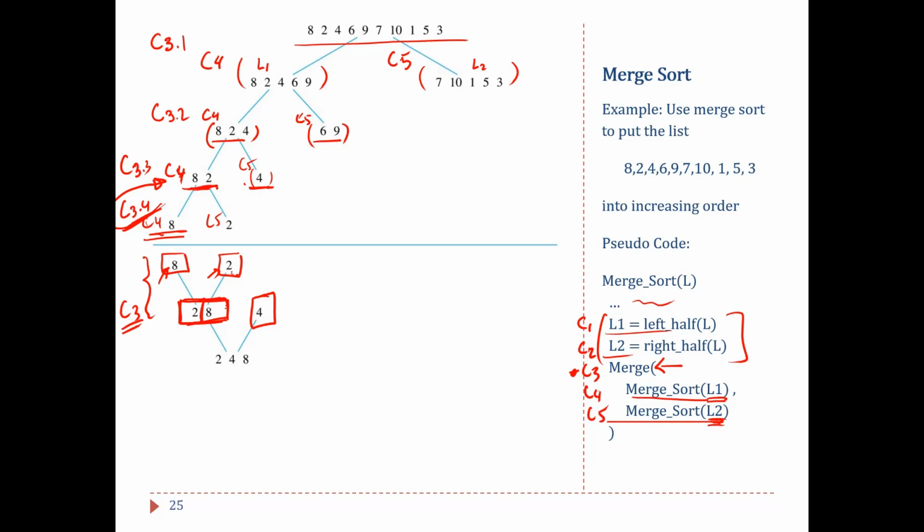And now we are ready to execute the line of code C3, at this stage, C3.3. To merge it, we compare these two values, 2 and 4. 2 happens to be smaller, so we copy it. No array is empty at this moment, so we keep going. We compare now the next value with the first value from the other array.